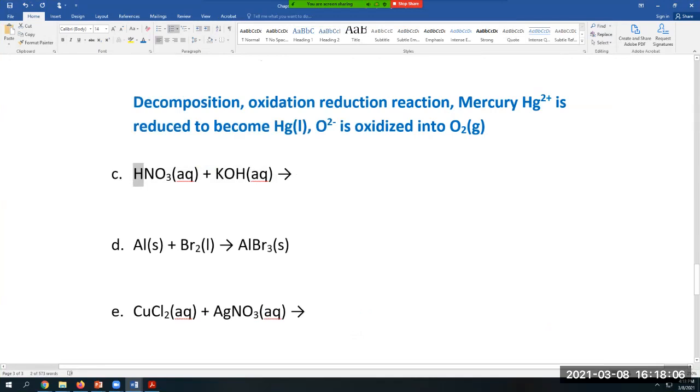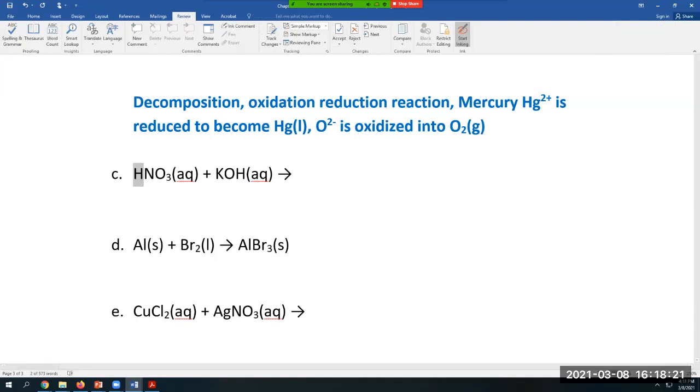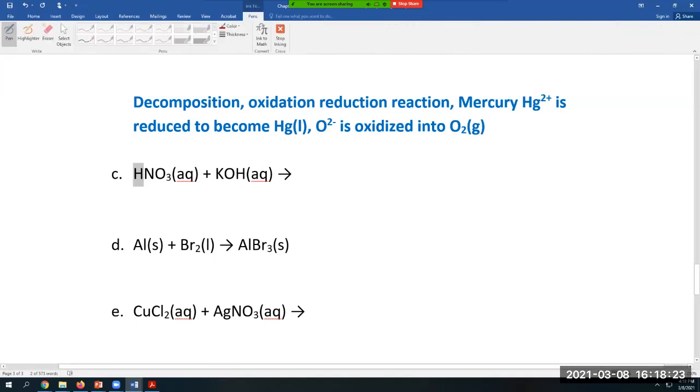In an acid, the H will be an H plus. So if I write the ions below here, we have H plus, and then the nitrate is the NO3 negative 1 ion.